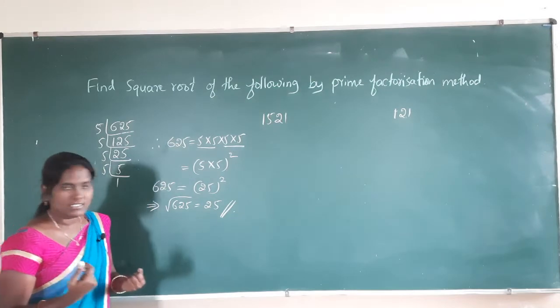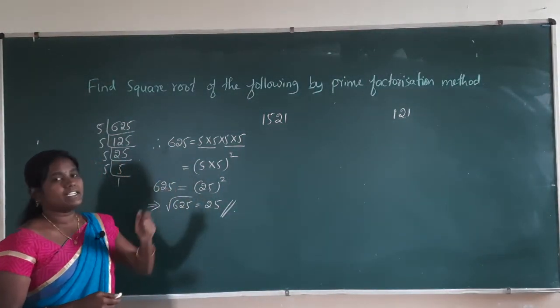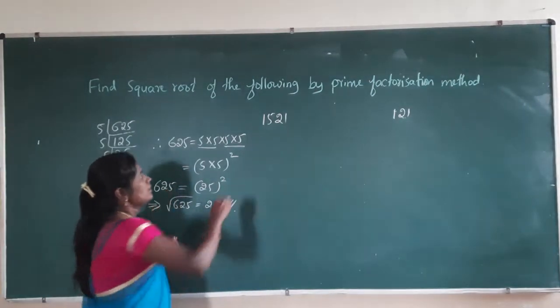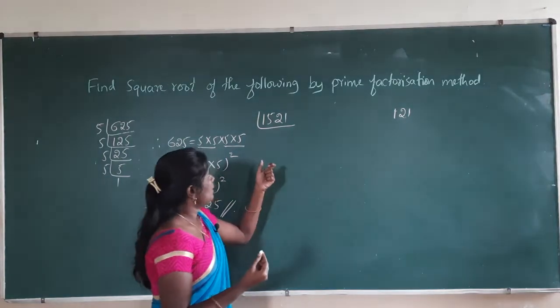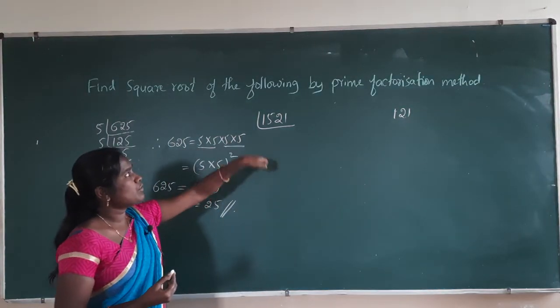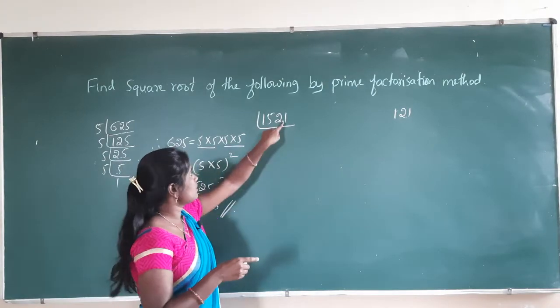It's easy, yes? Now we will go for the next number, that is 1521. Can you guess what is the square root of this number which ends with 1?